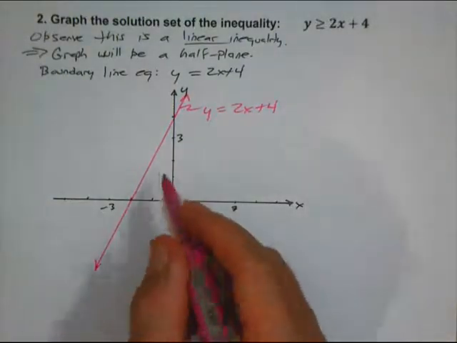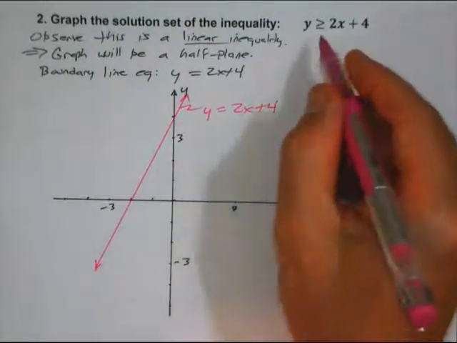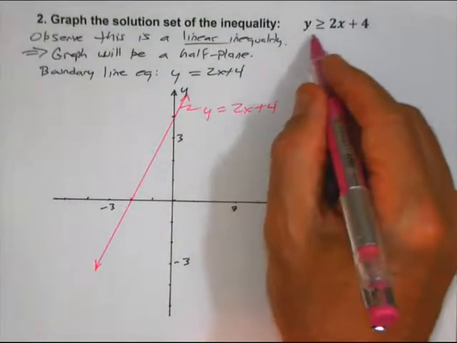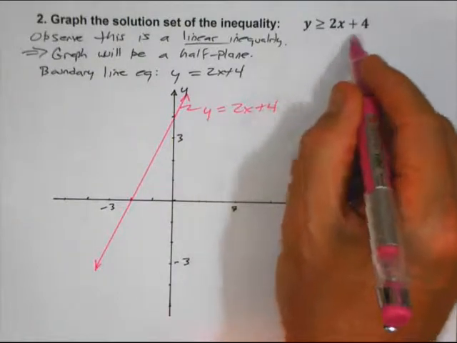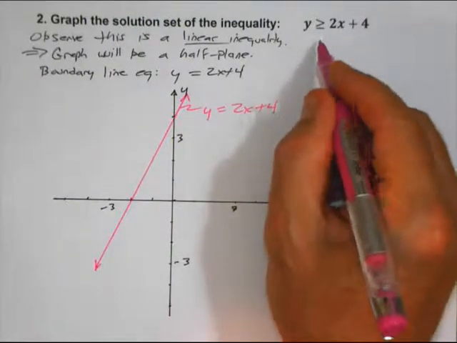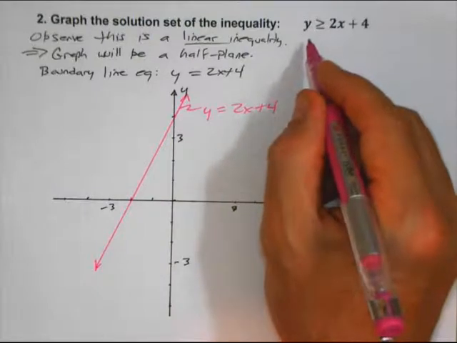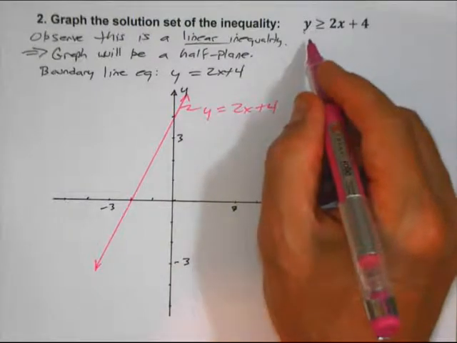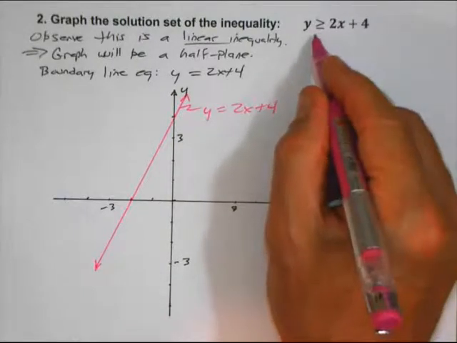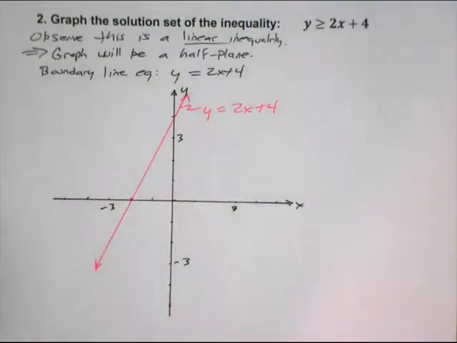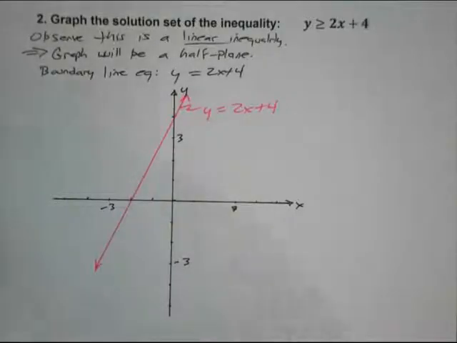Now, since the inequality has the form with y isolated on one side, and we have y greater than or equal to 2x plus 4, this can be read as saying we want the solutions to be above the y equal to 2x plus 4 line with this greater than sign there. So we will shade above the line in this case.